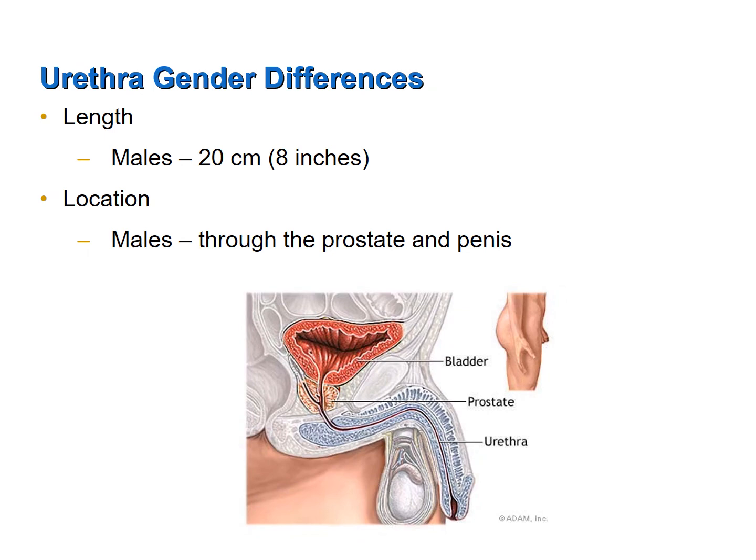There are gender differences with respect to the urethra between males and females. In the male, the urethra is considerably longer. It's 8 inches. It extends through the entire length of the penis, through the prostate, where it makes a connection with the bladder.